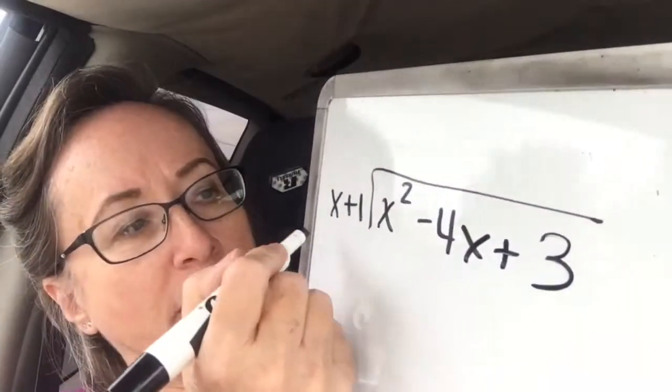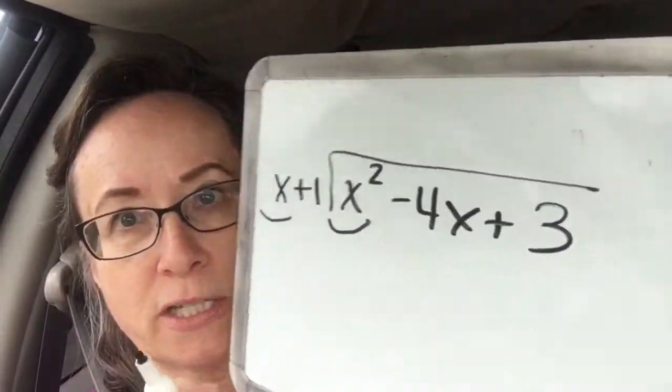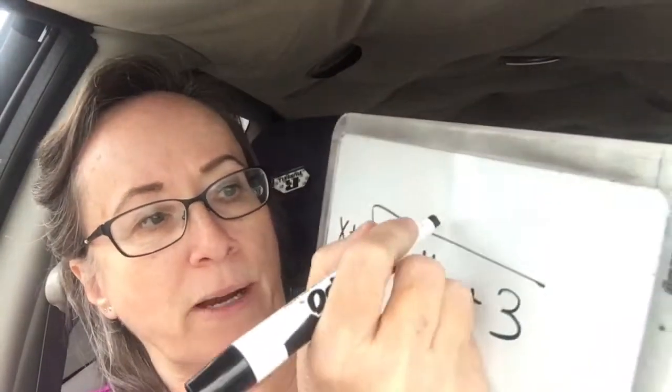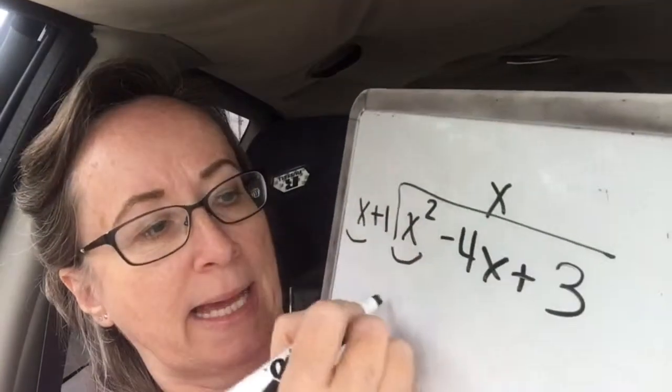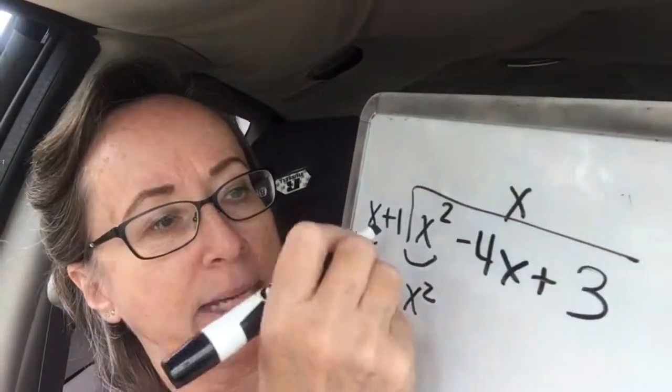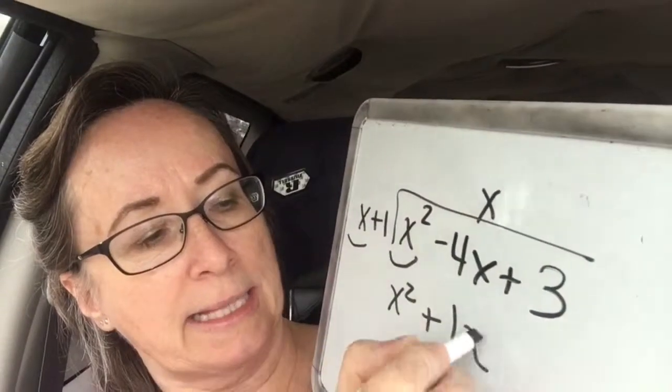Okay, so we're going to go first into first, and x goes into x squared. x times x is x squared. x times 1 is 1x.